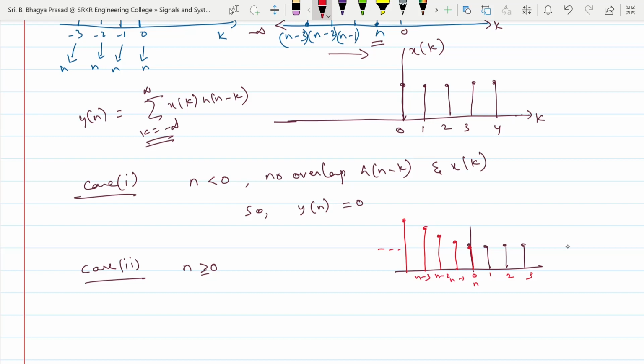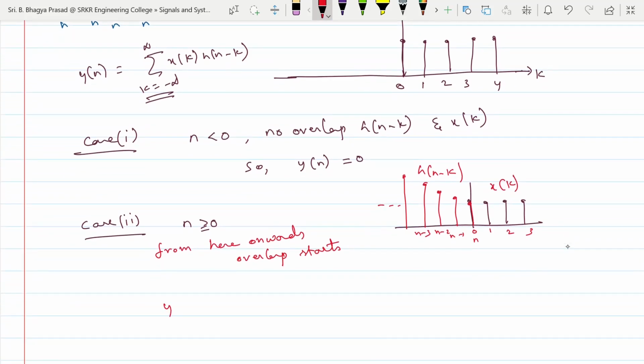So for n greater than or equal to 0, from this case the overlap starts. So definitely there will be the product of h of n minus k and x of k.